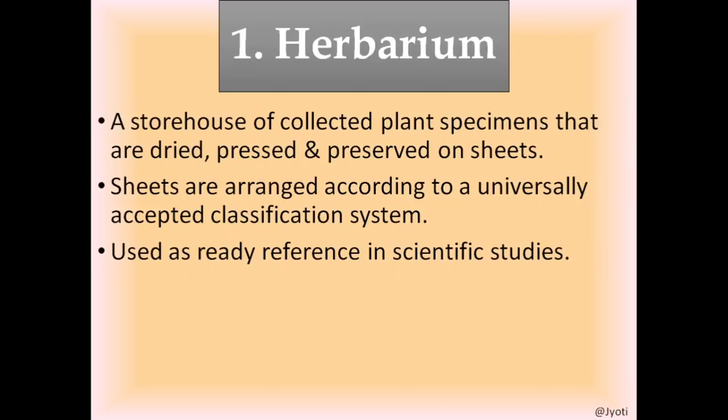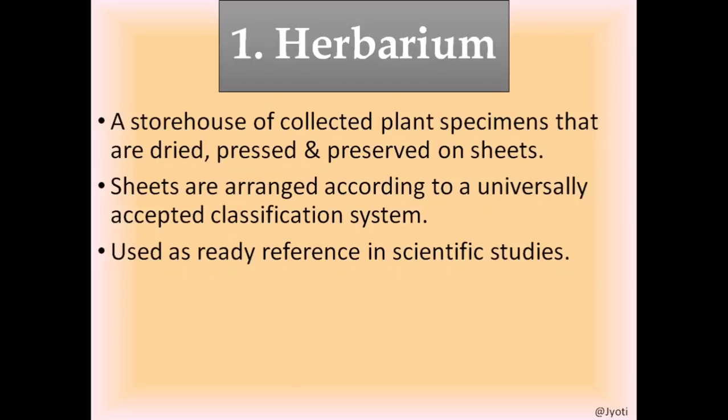Suppose a scientist or a person who is doing research on biodiversity wants to know the features of a particular species or any related species, then he can directly go to the storehouse where these preserved herbarium sheets are kept, and the codings are there, as in your library the codings are there.